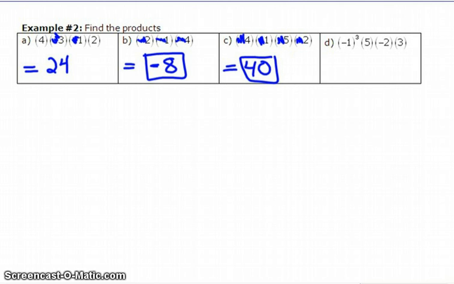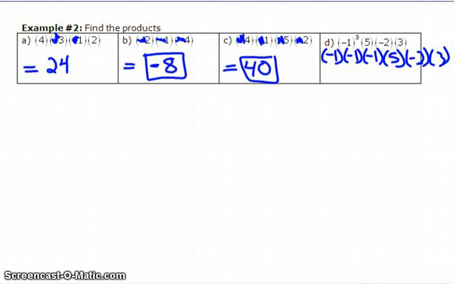Now here I have negative 1 to the third power. Remember, order of operations, we always have to deal with exponents before we can multiply. So I can't count the number of negatives yet. The first thing I need to do is rewrite this with 3 negative 1s, because that means 3 of them. I have 5, I have negative 2, I have 3.